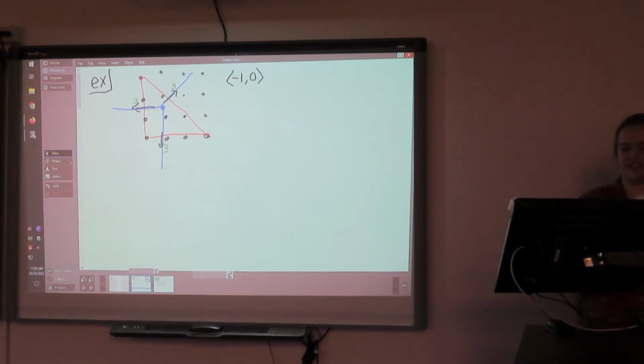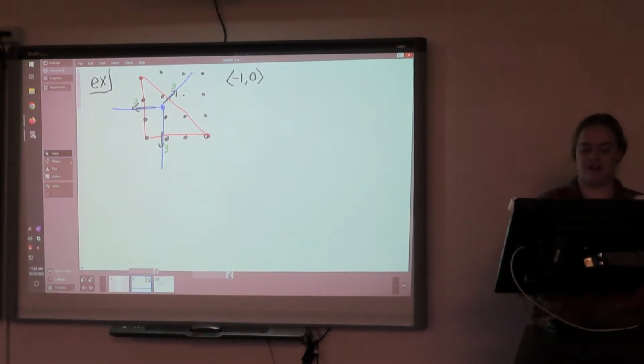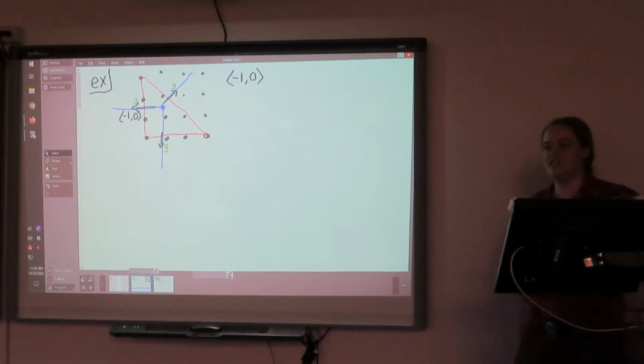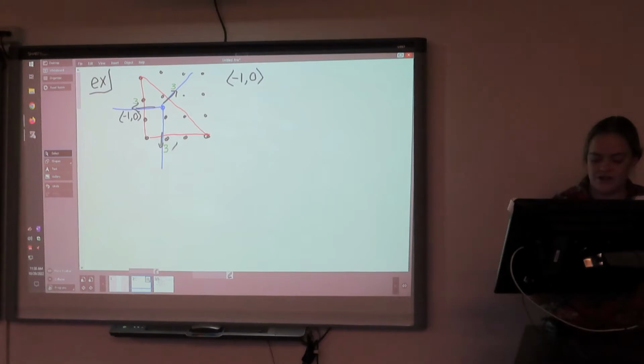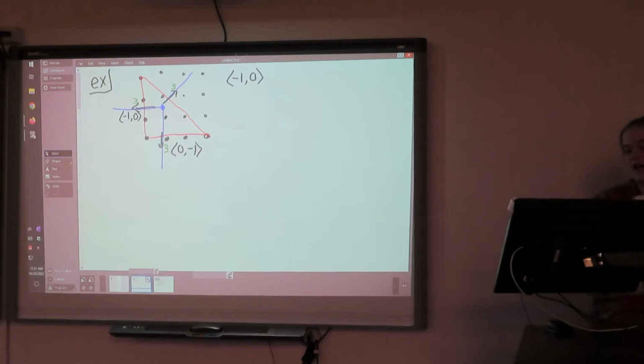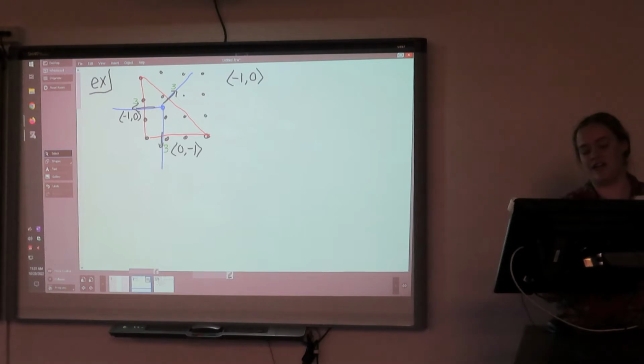So that is our first vector. I'll write that right here. And that has GCD 1, so we're good. The one going down is going in the x direction 0 and down 1. And then this one going up diagonal, we can figure it out by figuring out what's perpendicular to that diagonal edge.